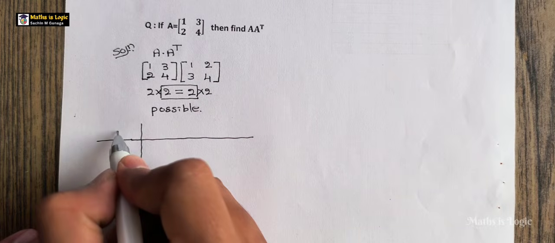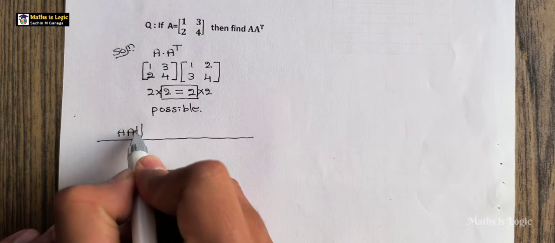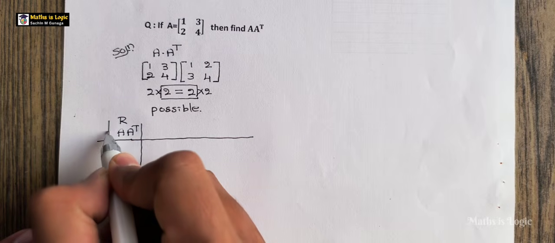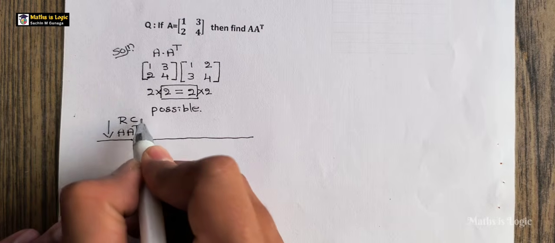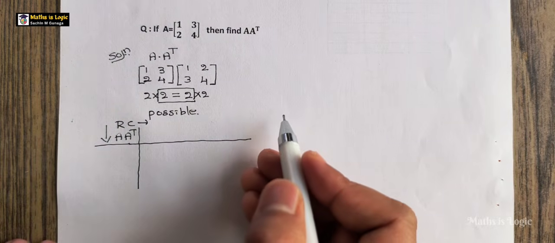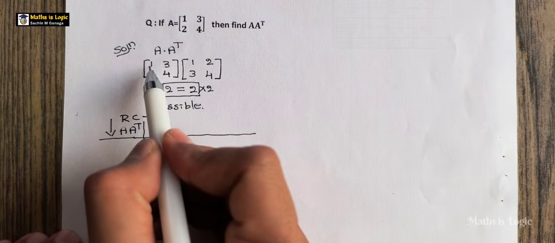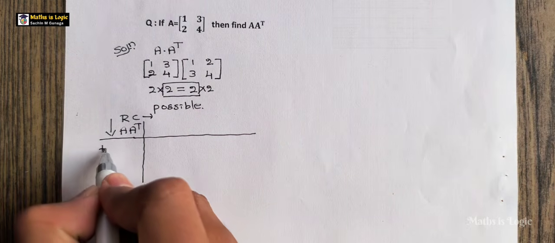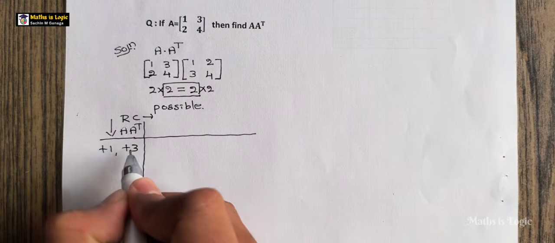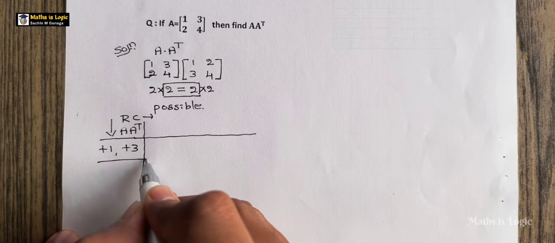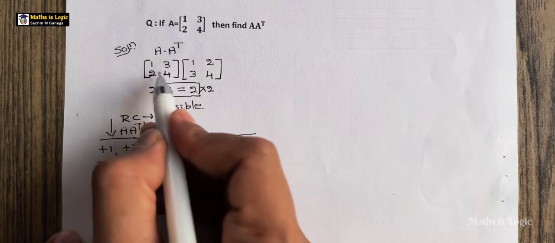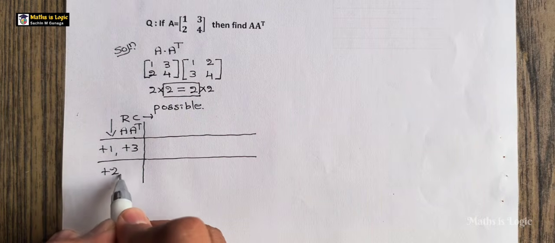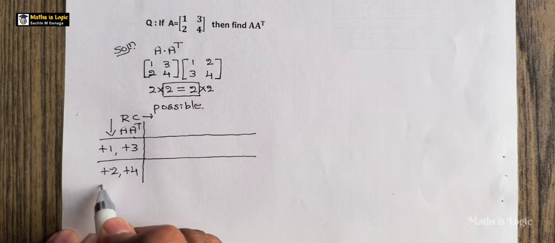So at this corner write A into A transpose, row and here column. So what is the first row? 1 3. So write here plus 1 plus 3. Next second row 2 4 plus 2 plus 4.